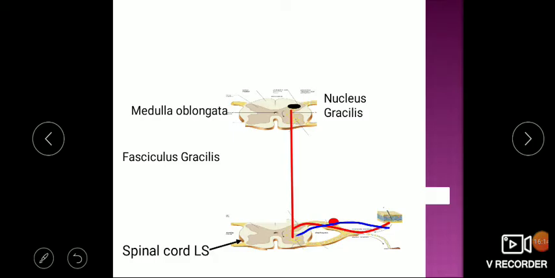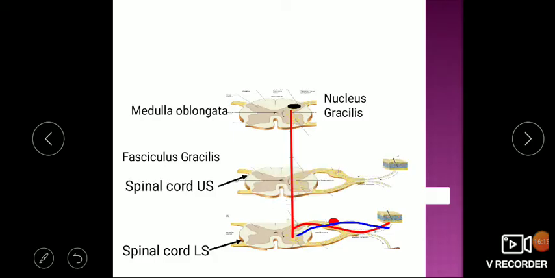Now from the upper segment of the spinal cord, the upper part of the body, for example the head and neck region, some fibers are arising. Again the same first order neuron, without crossing, without synapsing, going up to the medulla oblongata. Now they make a synapse with one more nucleus here in the medulla oblongata, called the nucleus cuneatus.